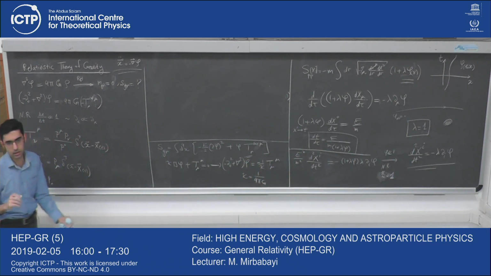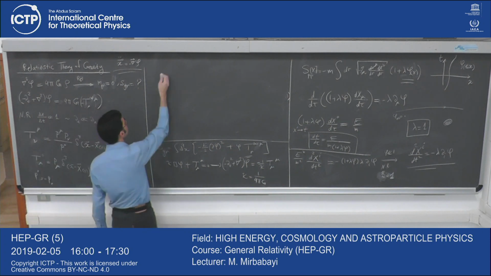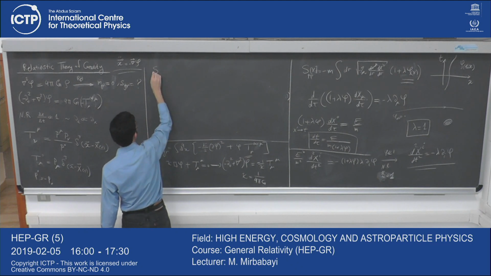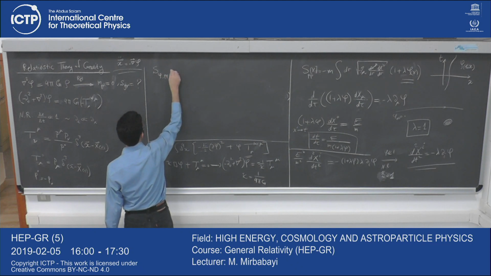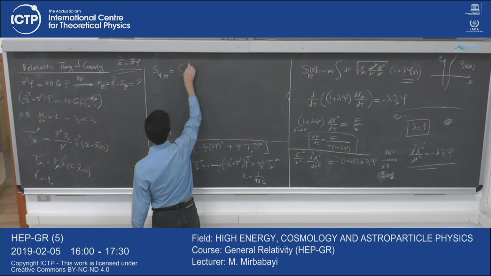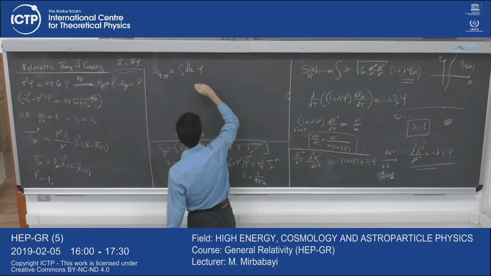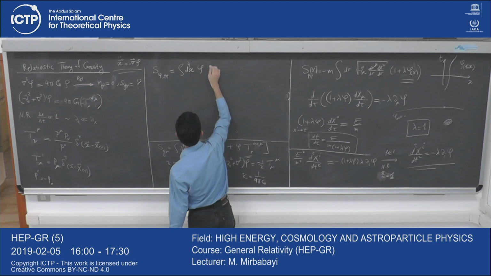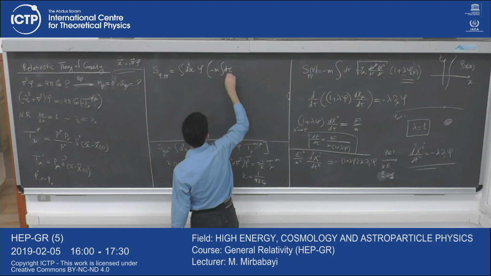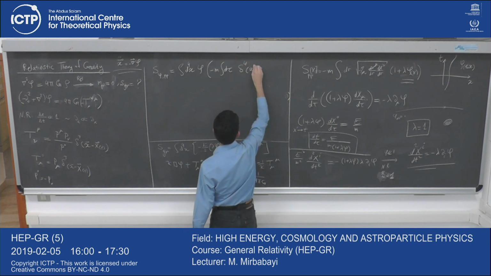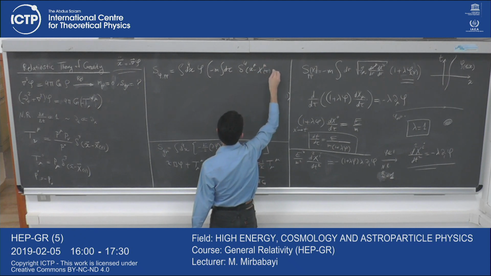If I take that term and write it as a four-dimensional integral by introducing a Dirac delta function, the way it looks is there will be S phi point particle, which is d4x phi, with lambda set to 1, and then minus m integral d tau times delta 4 of x minus x^mu of tau.